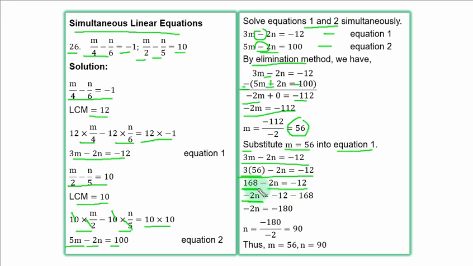If you transfer this term, you have it as minus 12 minus 168. And minus 2n is equal to minus 180. To get n, divide both sides by minus 2 and n is equal to 90. Therefore, m is equal to 56 and n is equal to 90.